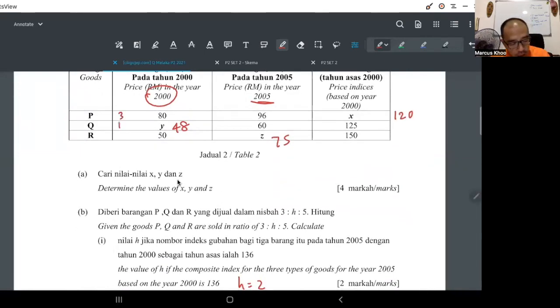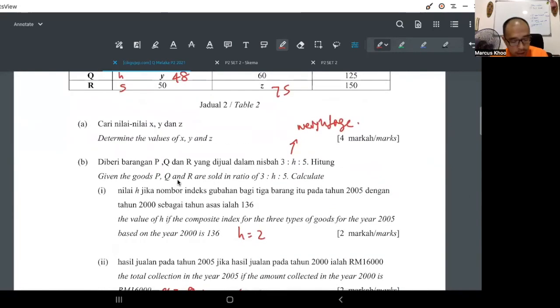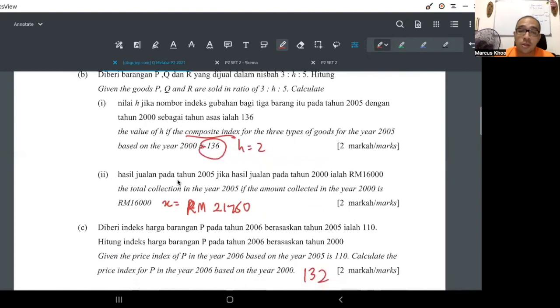Given the goods P, Q, and R are sold in the ratio of 3, H, and 5. So 3, H, and 5 are the weightage. And if you have answered many index number questions, you kind of know that this is the composite index. It gives the composite index as 136, transfer, you get H equals 2. This is very easy to mark. The last one also is quite easy.